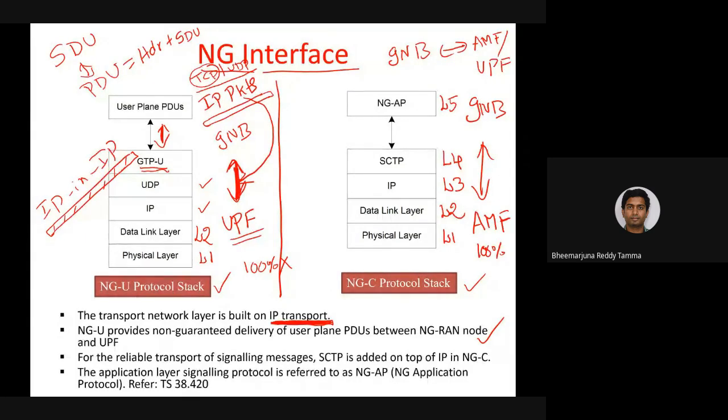So these are all different application layer protocols in the user plane. But in the control plane, in layer 5, we are using the next generation application protocol. Similarly, the analogy is HTTP or HTTPS in the application layer when you talk about the 5G core control plane functions like AMF, SMF, and other things.